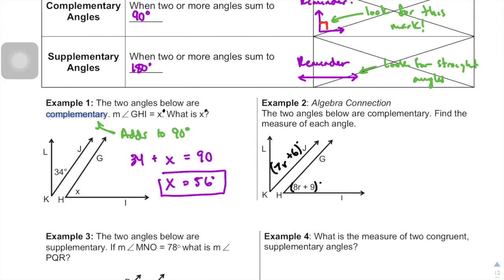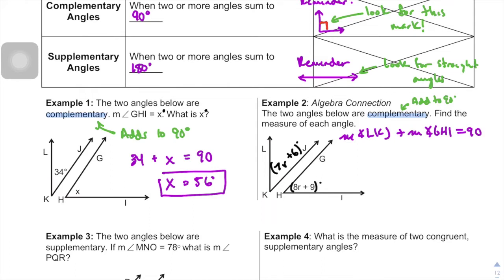So taking a look at this problem, we know that the two angles below are complementary. So again, I see complementary. Complementary tells me, or I should be thinking, adds to 90 degrees. And we've got to find the measure of each angle. Let's write out what we know. We know that the angles add up to be 90.